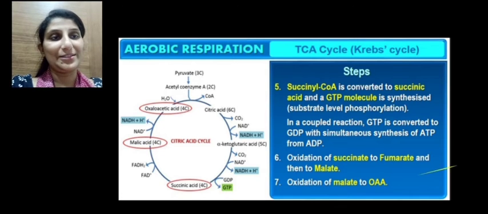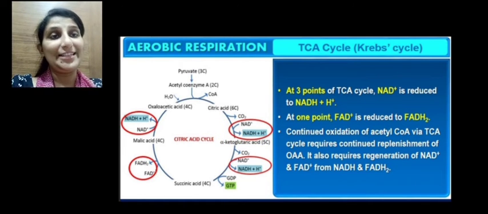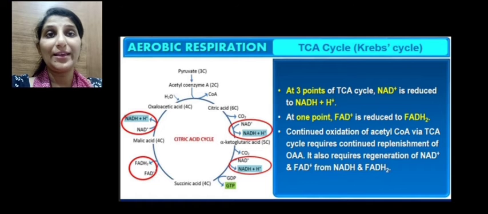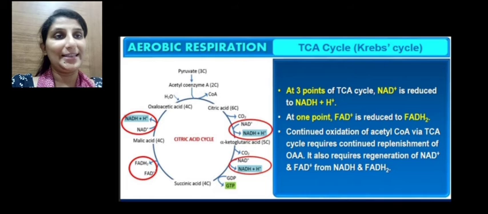So at 3 points of this TCA cycle, tricarboxylic acid cycle, NAD was reduced to NADH: when isocitrate was converted to alpha ketoglutaric acid, when alpha ketoglutaric acid combined with coenzyme A to form succinyl coenzyme A and then succinic acid, and also when malic acid is regenerated to oxaloacetic acid.